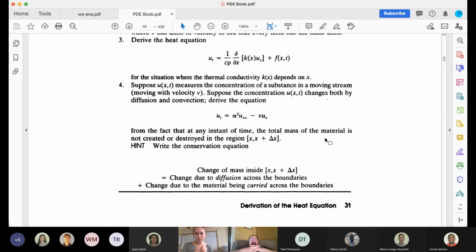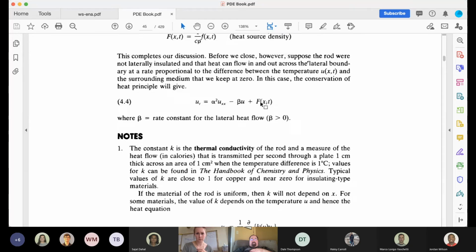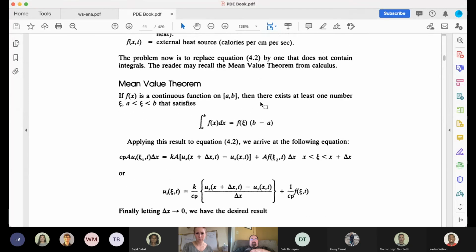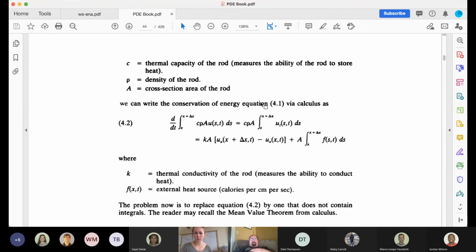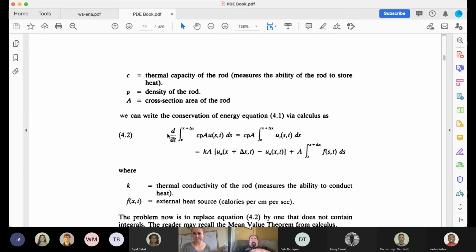All right, so when you have change of mass inside this segment, the first two parts of it, change of mass inside x plus delta x and then change due to diffusion, are going to be handled exactly the same way as in the derivation of the heat equation shown here, which is essentially what I covered in the notes last time. So have your conservation. You have that part and that part not changing from before.